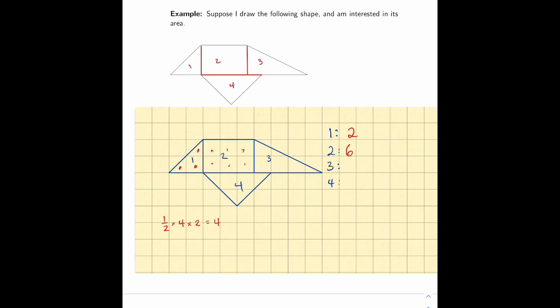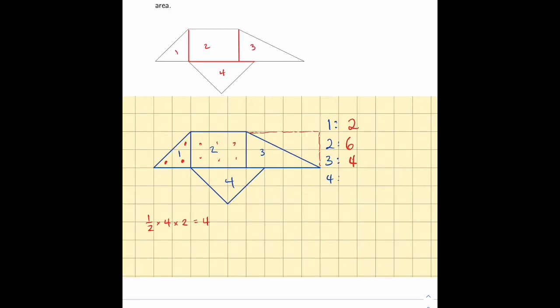But you could also see it, for younger kids, as half of this rectangle without explicitly using the formula half times base times height. That rectangle you can see is 8 squares, and so half of it is 4 squares. Same thing here in number 4, although I think this is one where we can say 1 half, 2 halves, so 1 whole, a second whole, and then 3, 4.